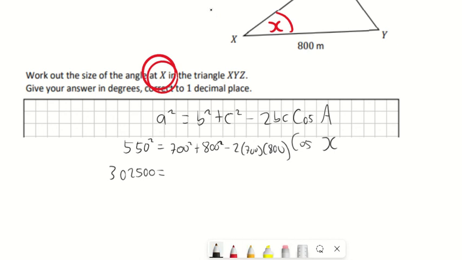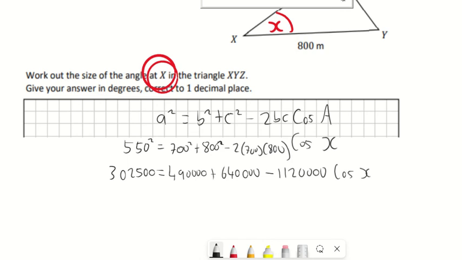So 302,500 is equal to, so you're dealing with big numbers here, but don't worry, you're just going to treat them the same as normal.